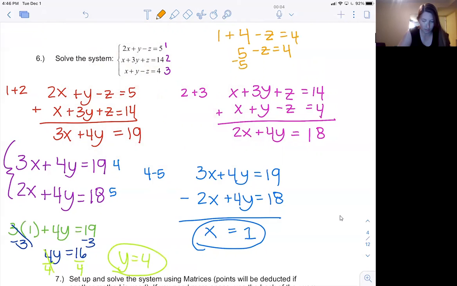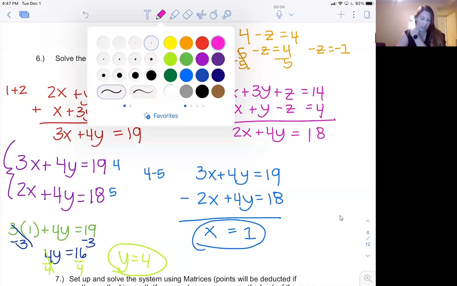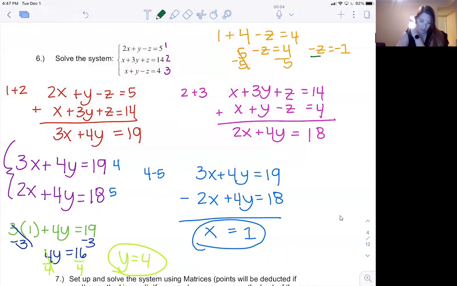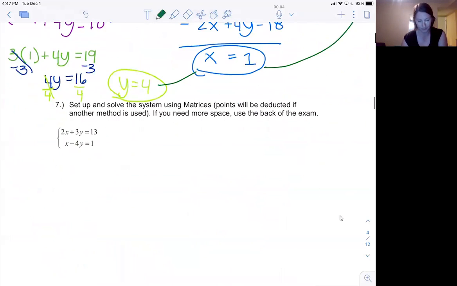Then I'm going to subtract the 5, subtract the 5. So I have negative z equals negative 1. And now I need to get rid of that negative because right now I have negative z and I need positive z. So I'm going to divide by negative 1, divide by negative 1. So I get z equals 1. So those are my answers. A lot of work, but it really isn't too bad.